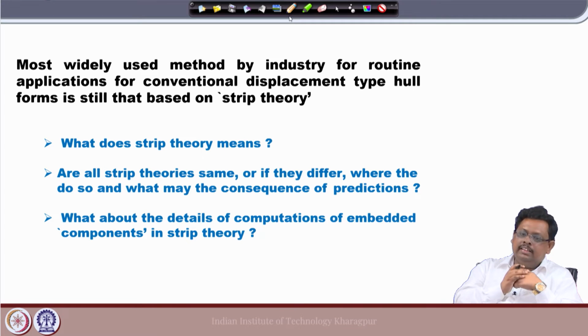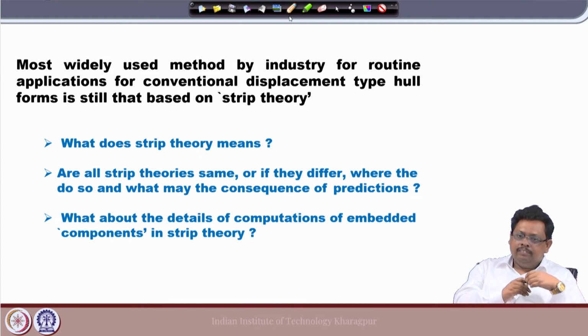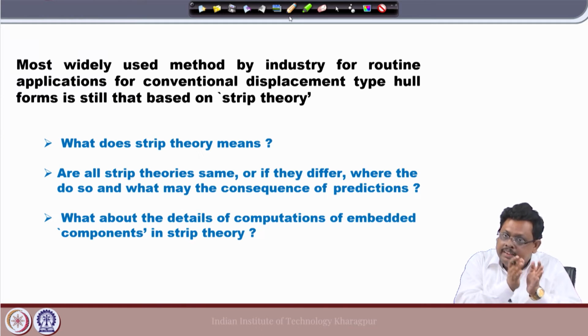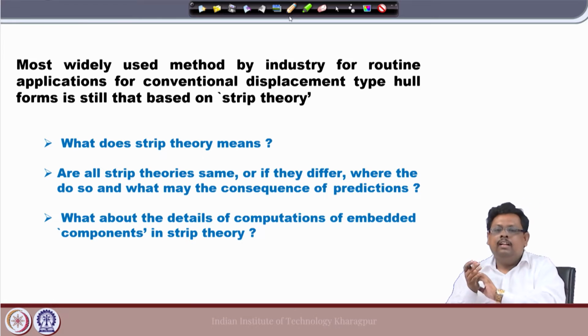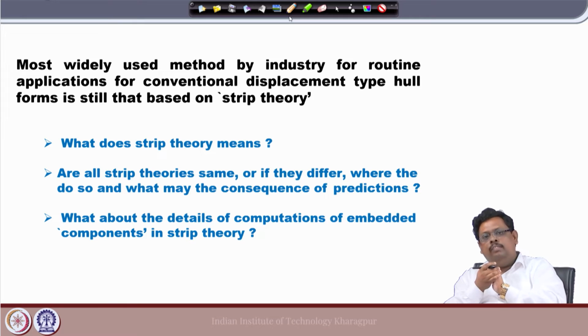That is something we really need to bother about, because results might differ, but to what extent? Therefore, we need to understand the limitations of the strip theory, where people are making assumptions, and what the consequence of these assumptions is when you compute the global motion.